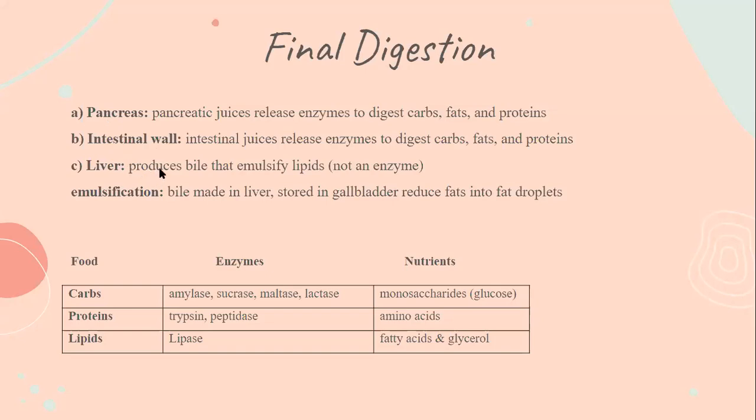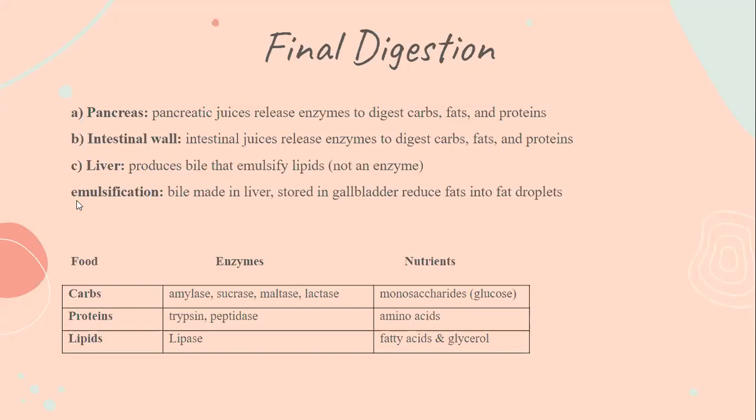Then you have your liver, which produces something called bile. It emulsifies lipids, and it's not an enzyme. Bile is a greenish substance. It sounds nasty, but it's quite important in final digestion.